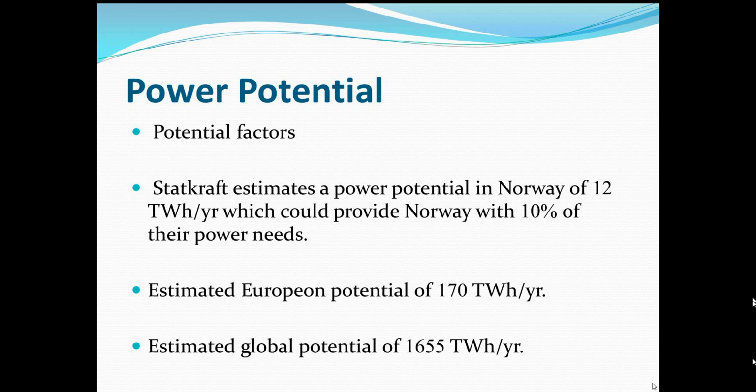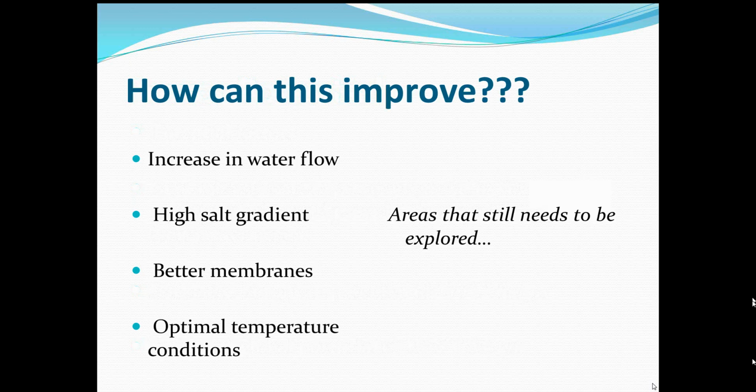The estimated European potential is 170 terawatt hours per year. Now we can see the difference here, whereas the global estimated potential of osmotic power is 1655 terawatt hours per year. So there is a huge difference between what is being generated now and what is the current need. How can we bridge this gap between the required and the produced amount?